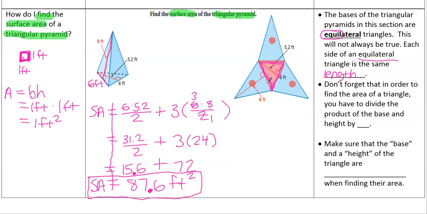It just means that all of the sides of this base are, in this case, 6 feet. They're all the same. Don't forget that in order to find the area of a triangle, you have to divide the product of the base and the height by 2. Make sure that the base and the height of the triangle are perpendicular when finding the area. Remember, that right angle box, right? You want that right angle box, so perpendicular.